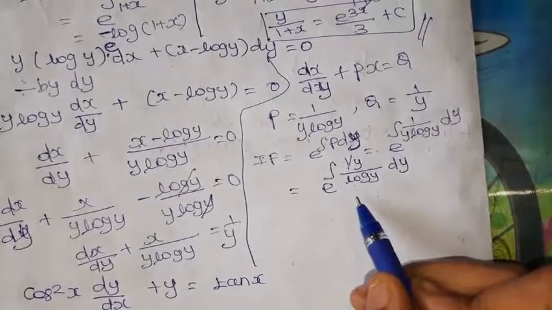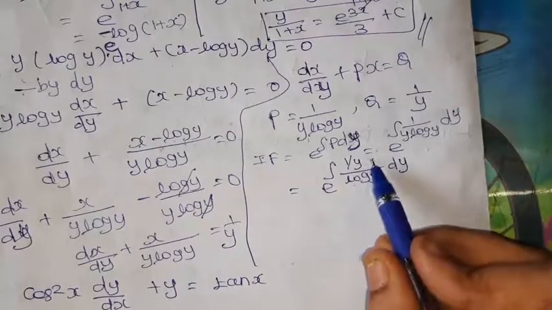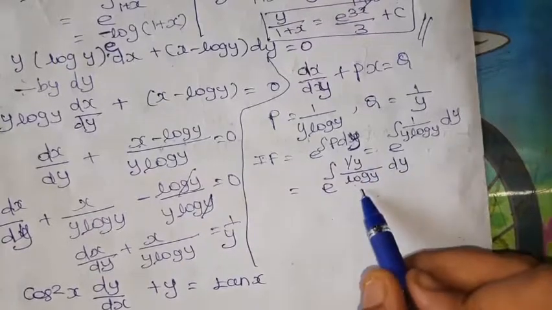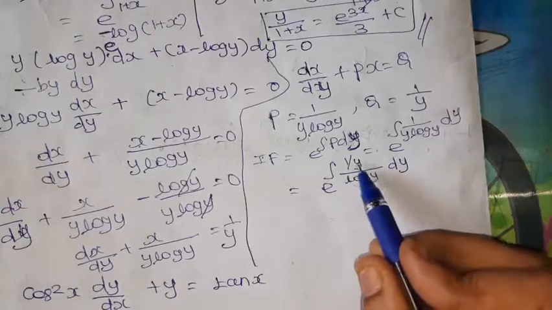We need to check whether the differentiation of the denominator part is in the numerator part, then we can write it as log of the denominator part. So, what is the differentiation of the denominator? Differentiation of log y is 1 by y. So it is in the numerator.